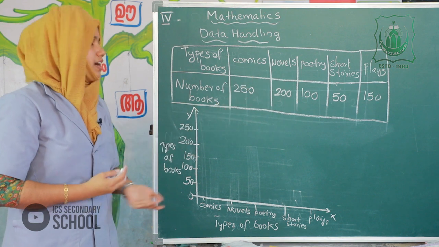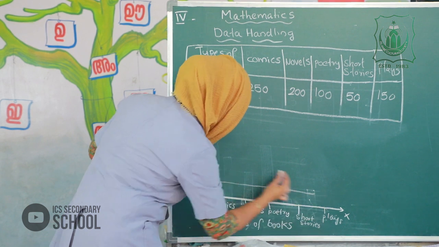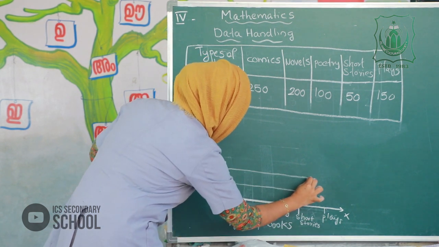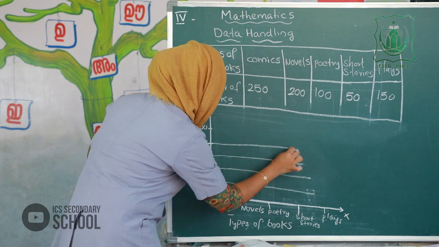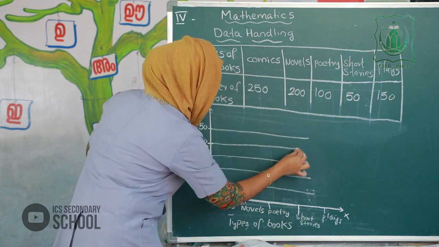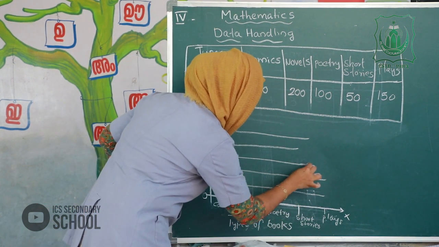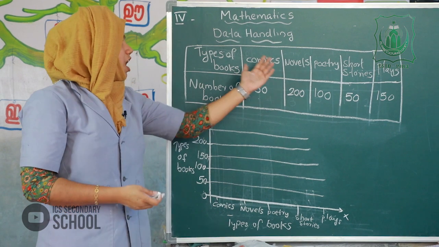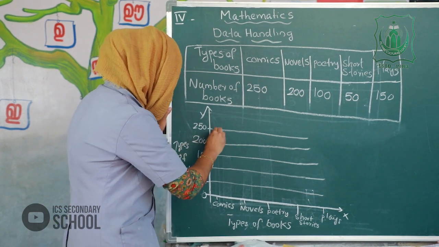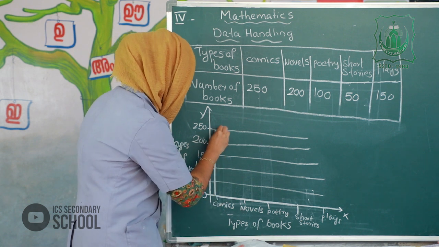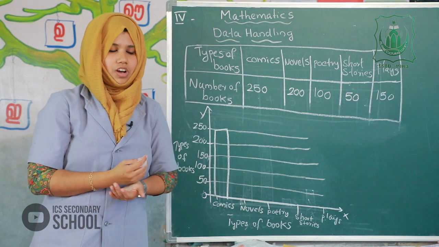Before that we can make a line here at equal distance. We should take care about that, at equal distance we can make some lines. Next, how many comics are there? 250 comics.